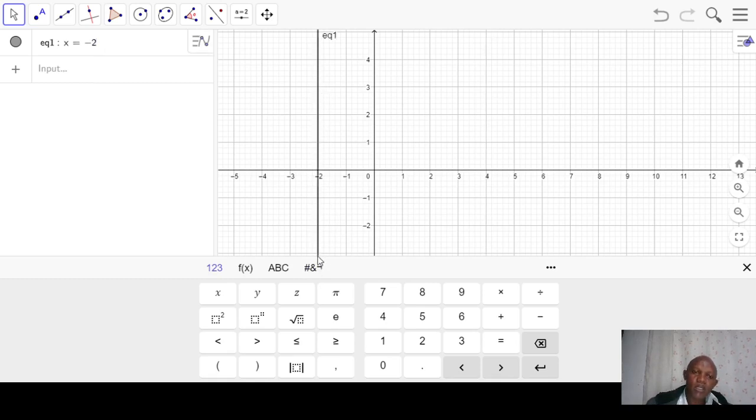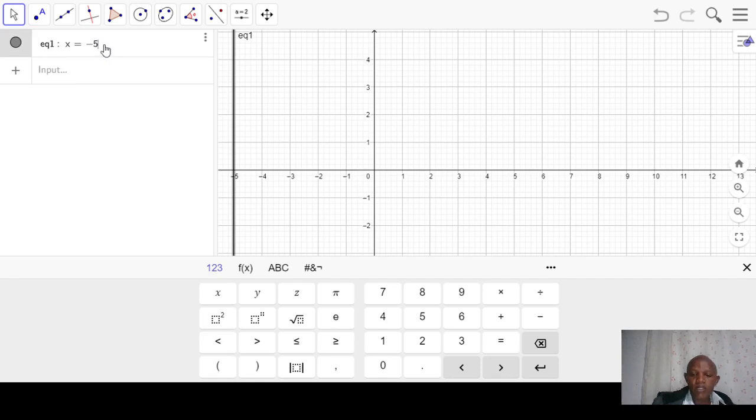And you can do similarly for many other values, for example -5. You can see that the line will move, and any point along it where the value of x is -5, that would be x equals -5.